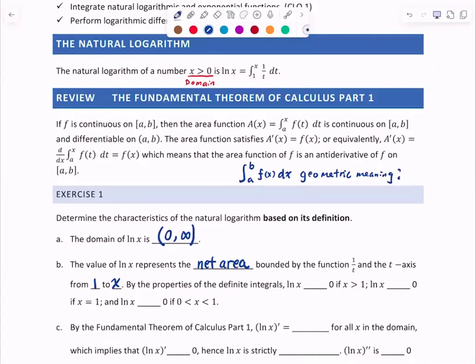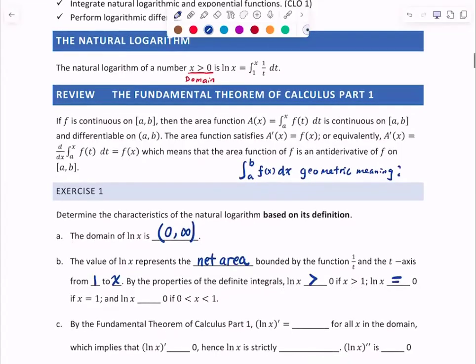And by the properties of this definite integral, ln of x is going to be greater than 0 if x is greater than 1. Equal to 0 if x is equal to 1, because your lower limit and the upper limit are the same, so you don't have any area.